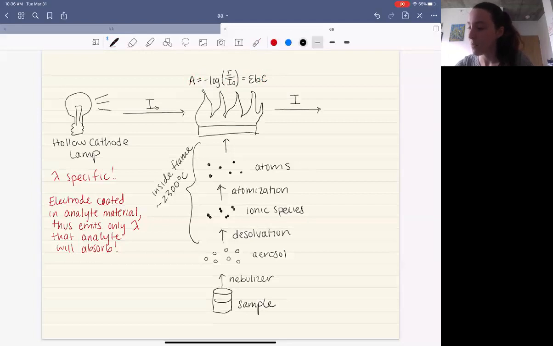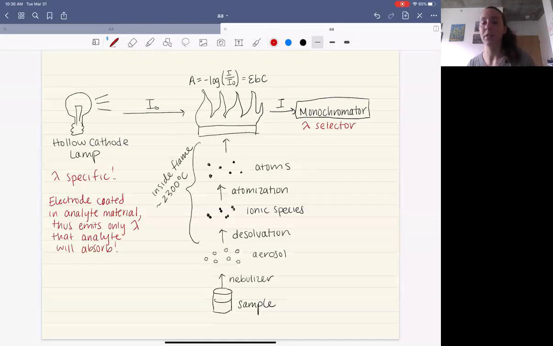Okay, the last few components of our instrument, which I didn't give myself a whole lot of room to write. First thing up is a monochromator. A monochromator is essentially a wavelength selector using a series of mirrors, lenses, and gratings.